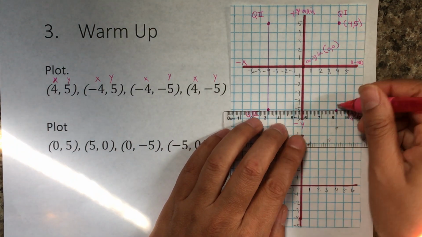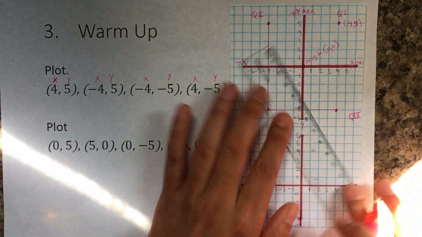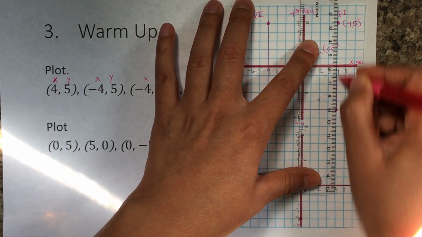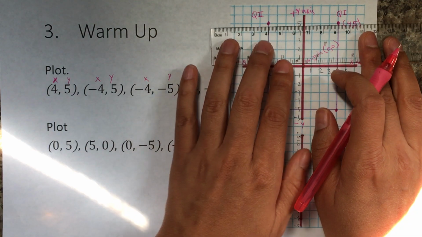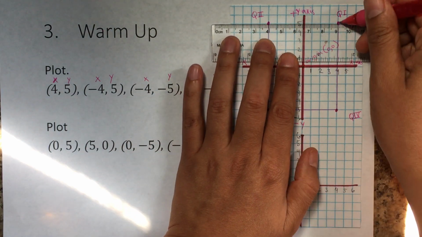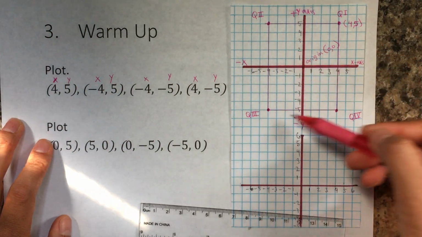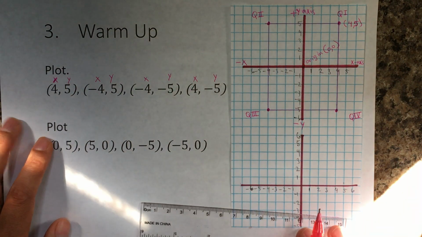And so what you can do is graph the points, connect the points, and see what kind of shape you're given. Okay, so in here we can see that it has created a rectangle.